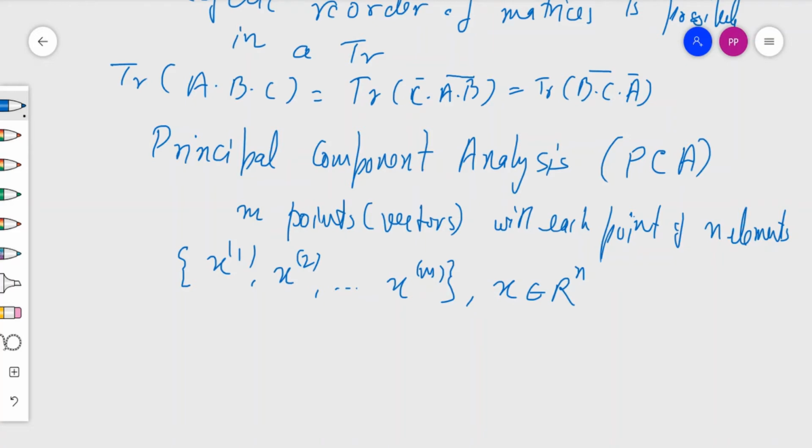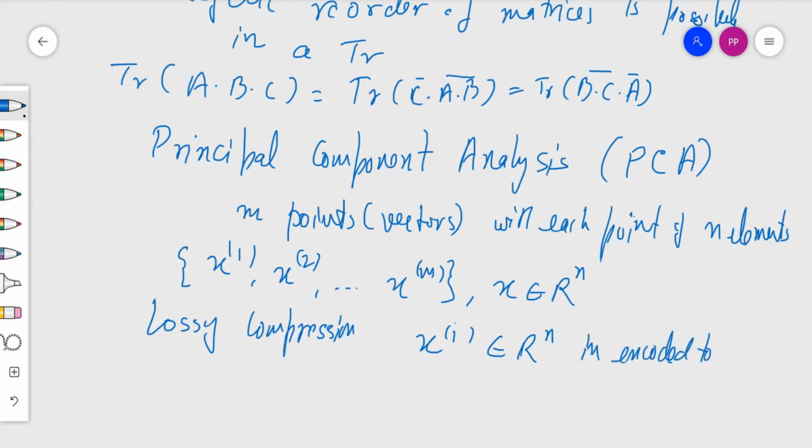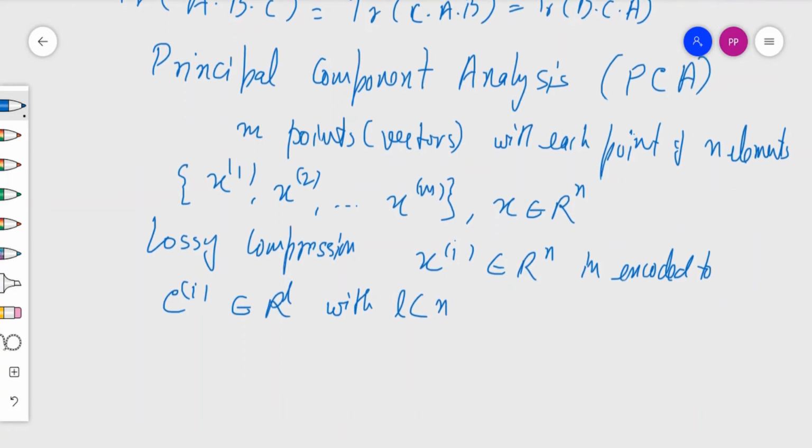This is called lossy compression, where xi, an element of R power n, is encoded to ci, an element of R power l, with l less than n. So that is the benefit, that we are reducing the size of the vector by encoding it.